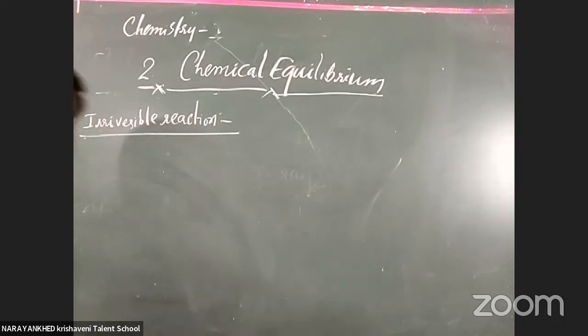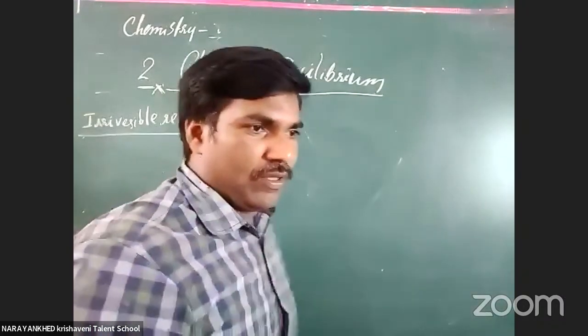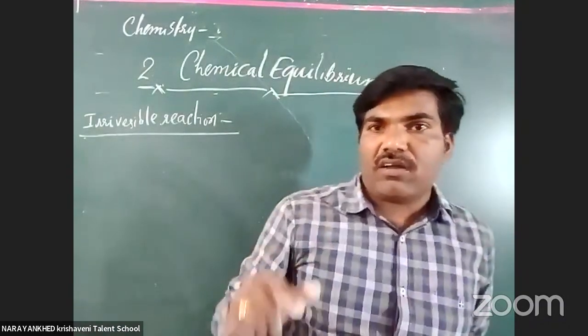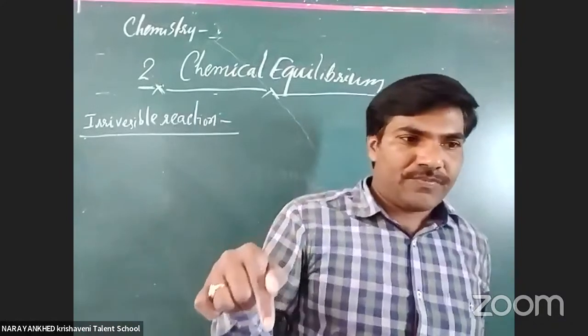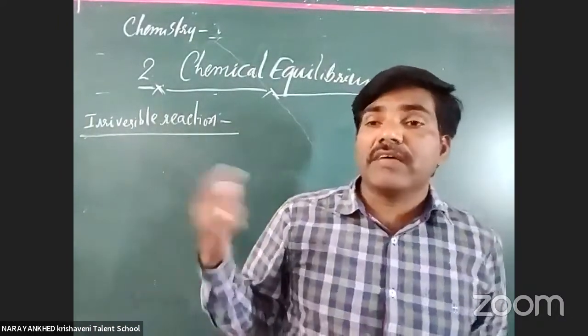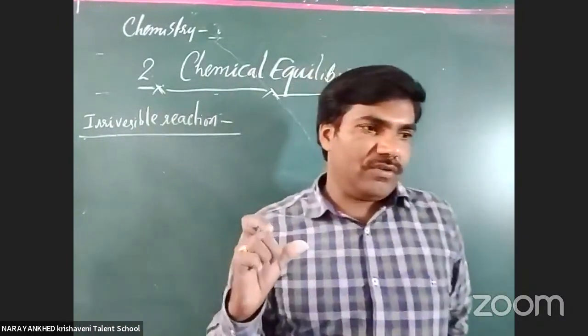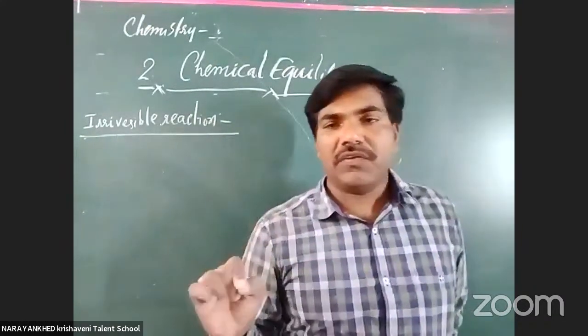Once the reactants are formed as products, the reactants do not become reactants again after formation of products. That is called what? Irreversible reaction. Got it or not? What are irreversible reactions?